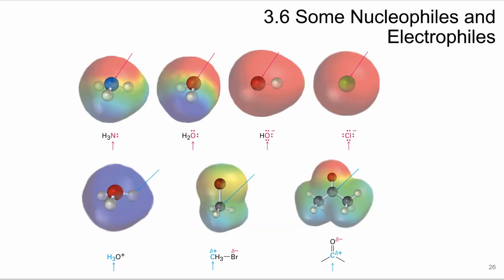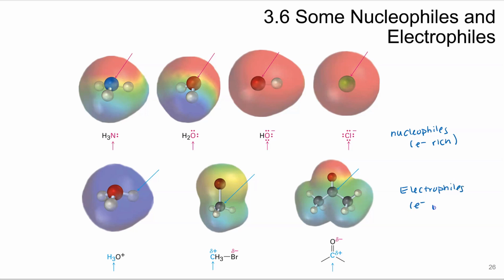Here are some examples of nucleophiles and electrophiles. So nucleophiles, if you recall, are electron rich. So the molecules where you see more of the red, these are all nucleophiles. These ones with blue areas or polarized areas, these are electrophiles.